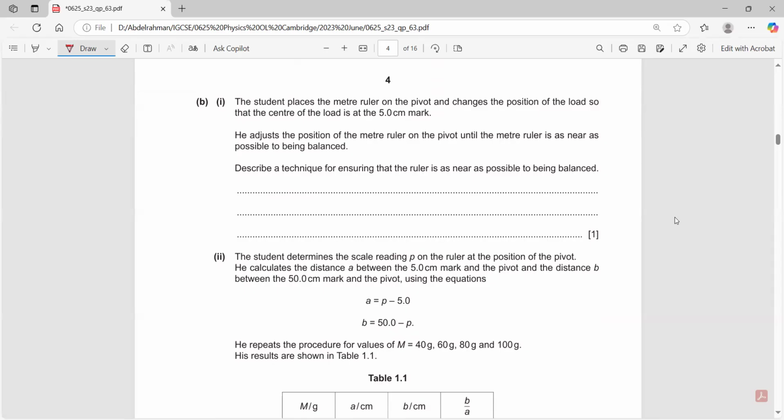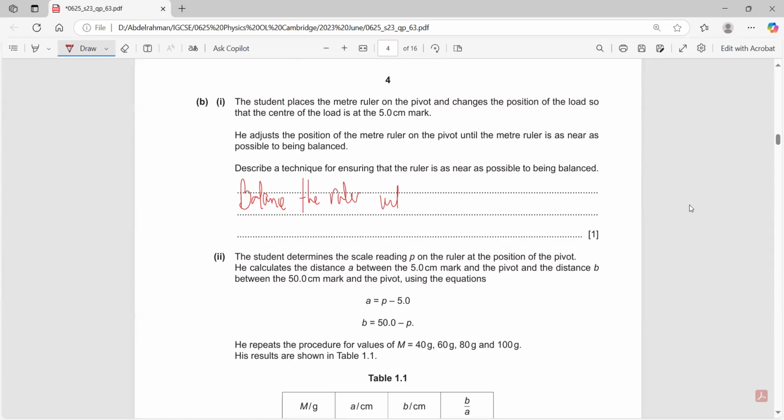First of all, you need to find the balance of this ruler. You can say balance it without the load and make sure it doesn't tip to either side. So balance the ruler.